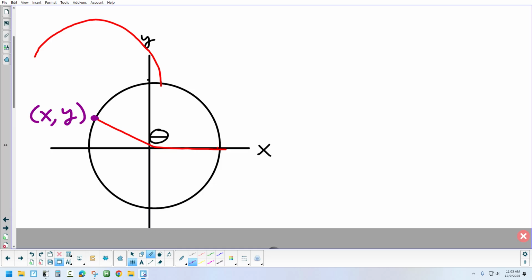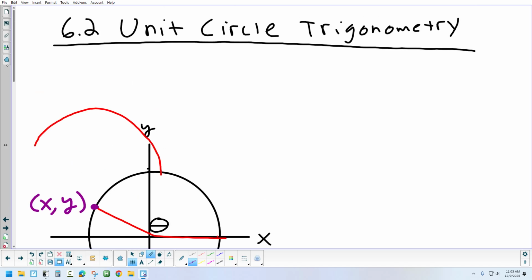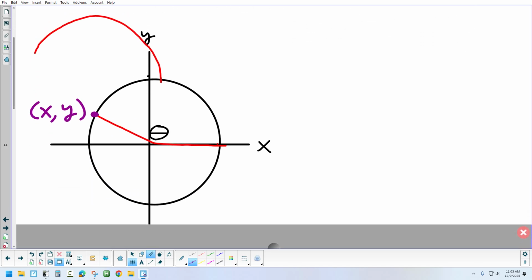If you have an angle that's not a multiple of 30 and 45, this is not something we would use, at least right now. We can use unit circle trig for a little bit more, but for now, just focus on 30s and 45s. Okay. So, any question on the idea of being able to find that coordinate? That's the goal.